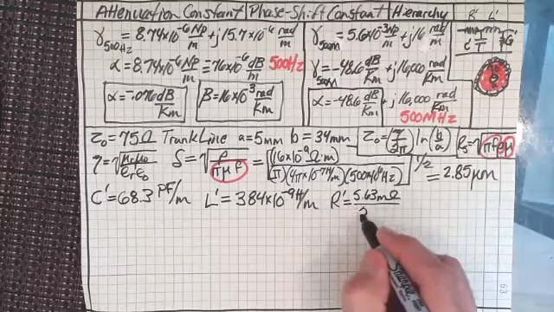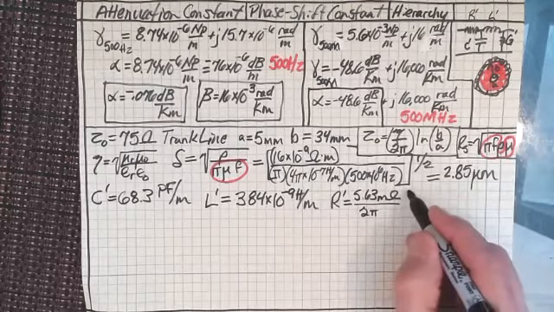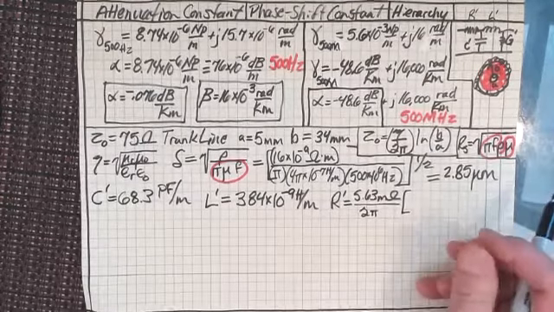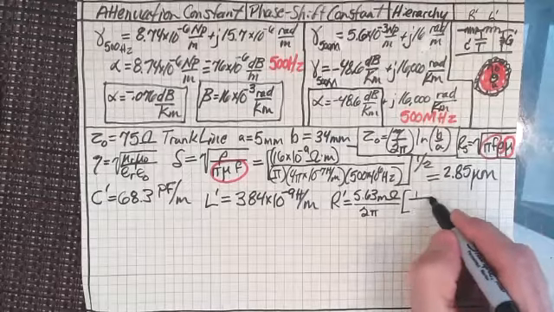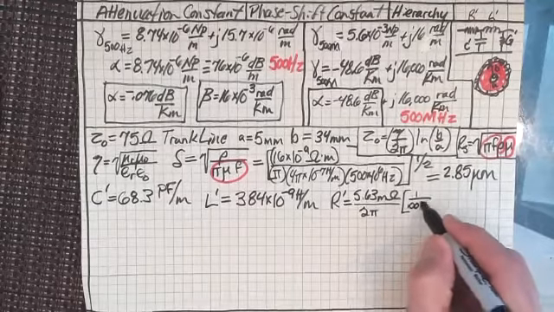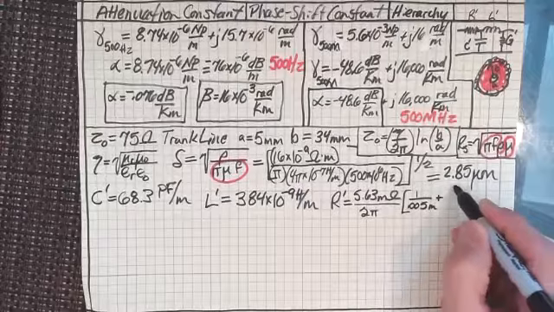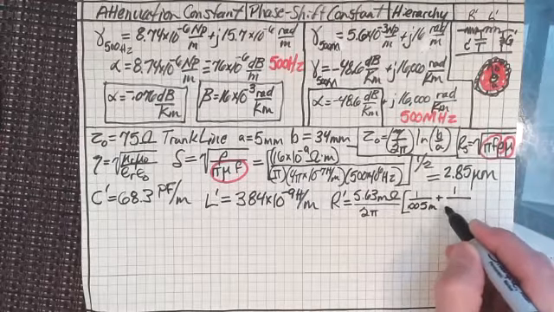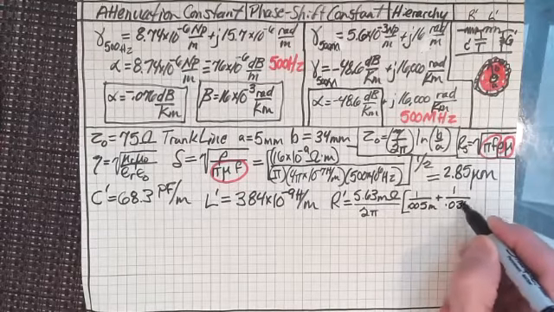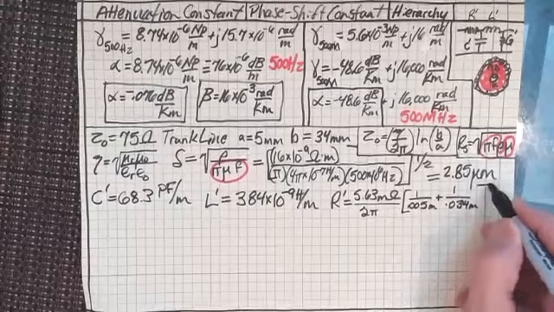Over 2 pi. And then that is going to be multiplied by 1 over A, so 1 over 0.005 meters plus 1 over 0.034 meters, right?